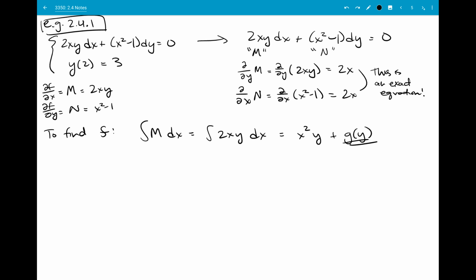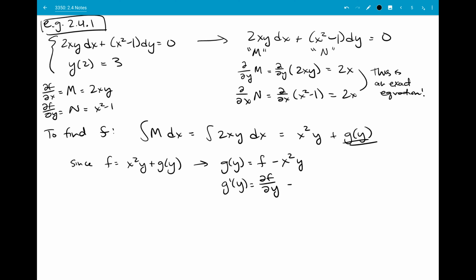So I'm going to say, okay, since f is equal to x squared times y plus g of y, I know that g of y is equal to f minus x squared times y. So my derivative, g prime of y, is equal to df dy minus the derivative of x squared y with respect to y, which is just x squared.